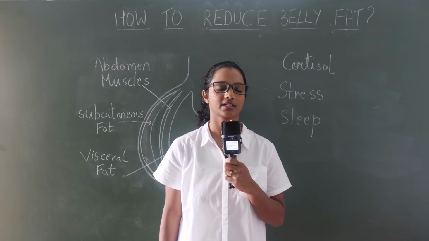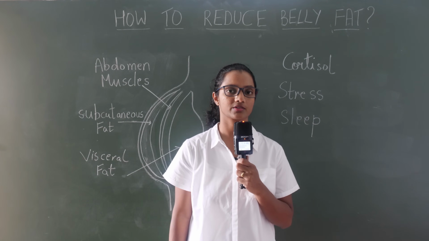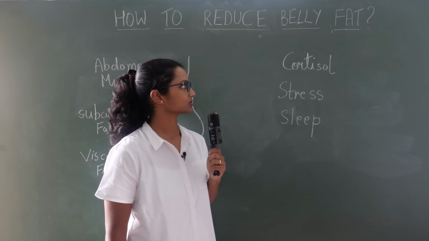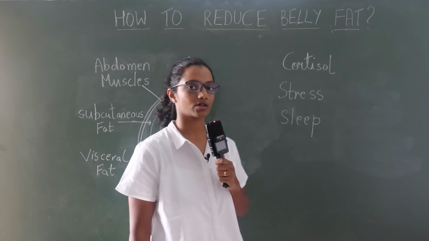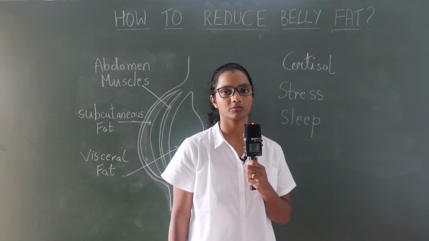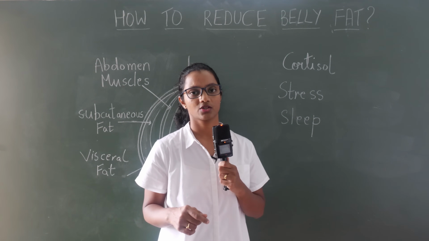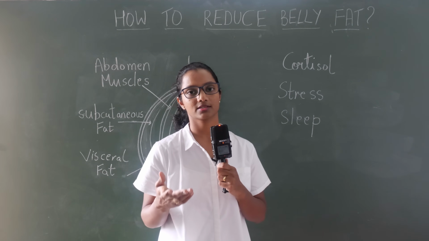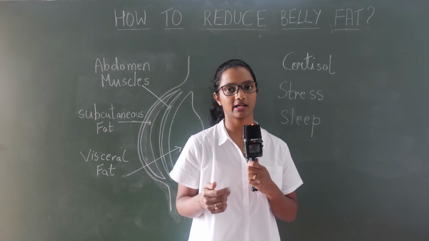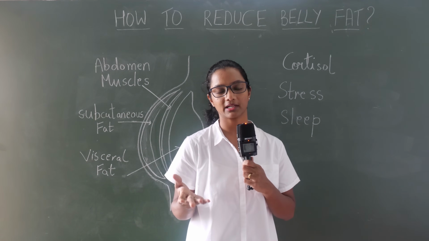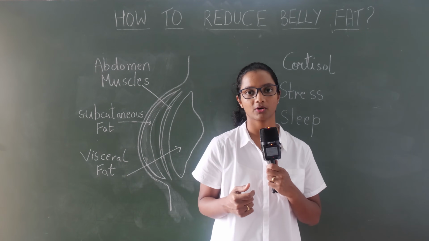Now let us understand the reasons or the causes of this. There's a hormone called cortisol, and hormones are nothing but the chemical messengers in your body. Everything in your body is governed or ruled by hormones. Hormones maintain the stability of your body.